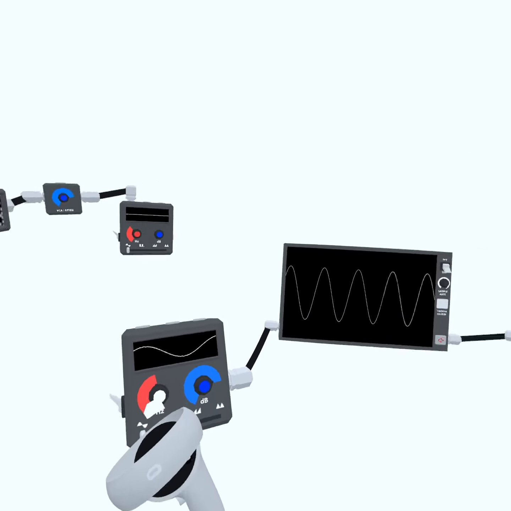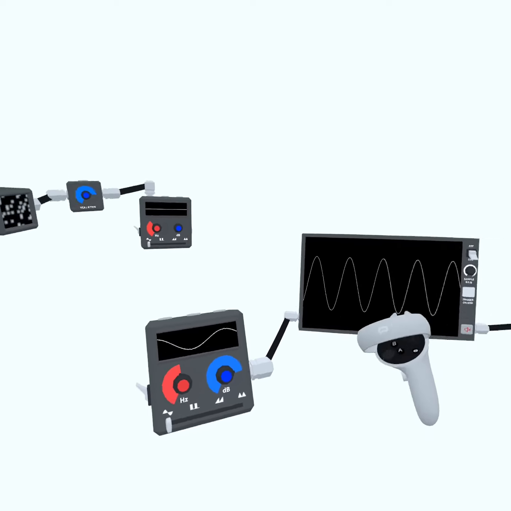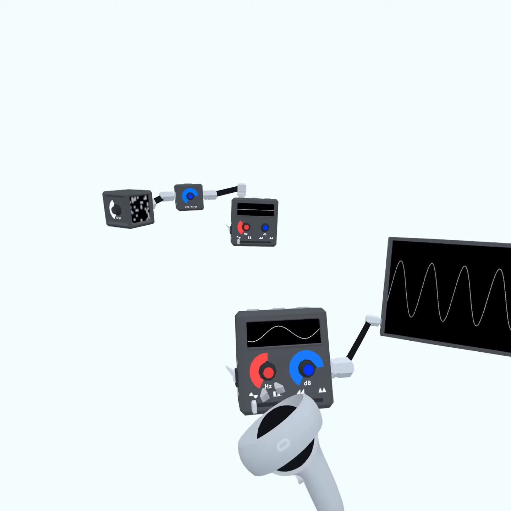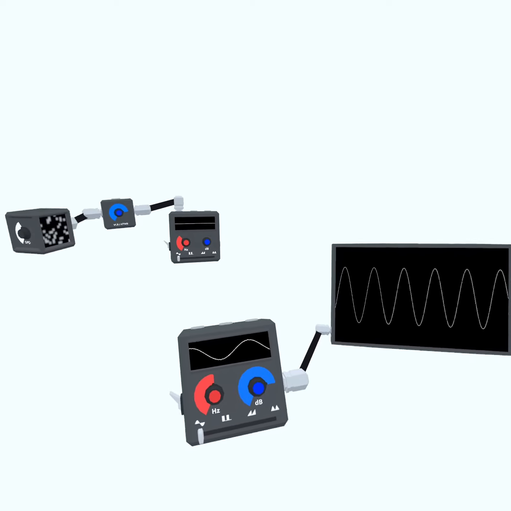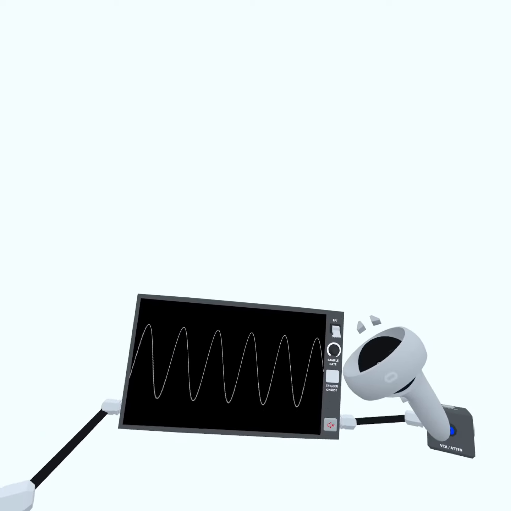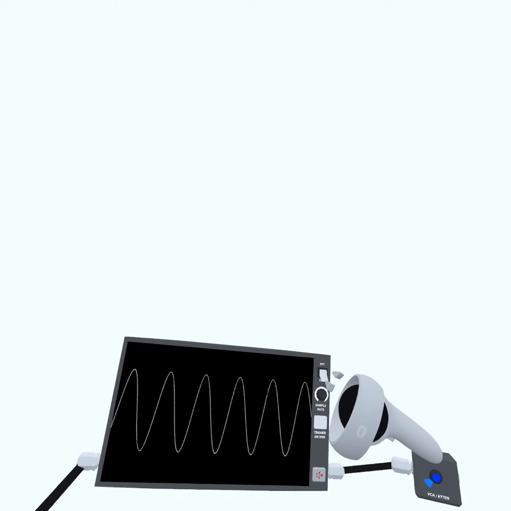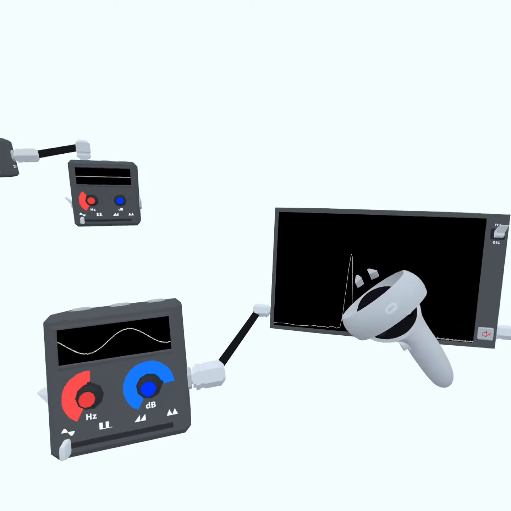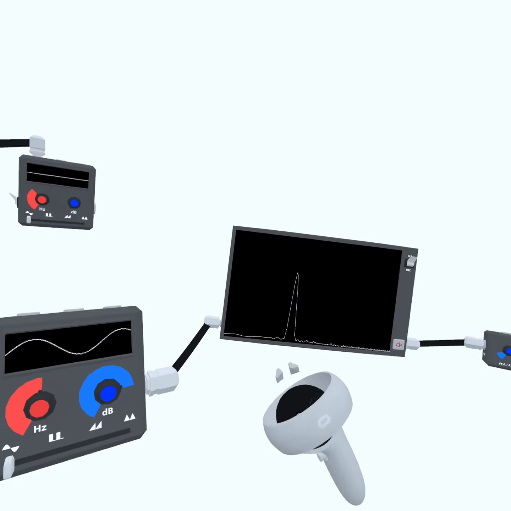Okay, so this is the tracking and the speed of the oscillation. If we now go to the FFT perspective, then you can see that this wave, the sine wave here, is only one frequency, so it's only one spike.